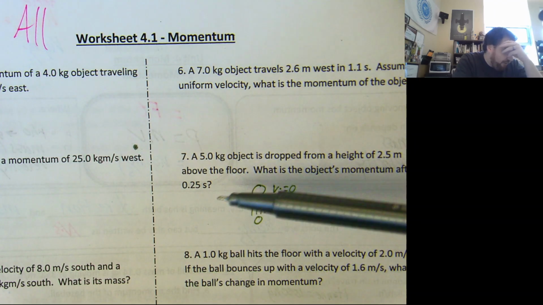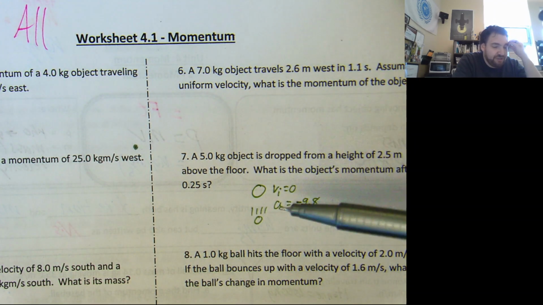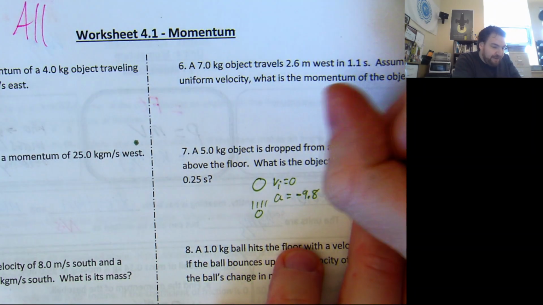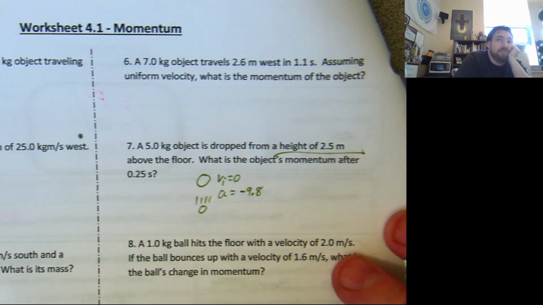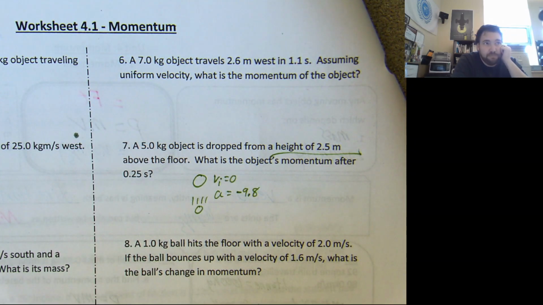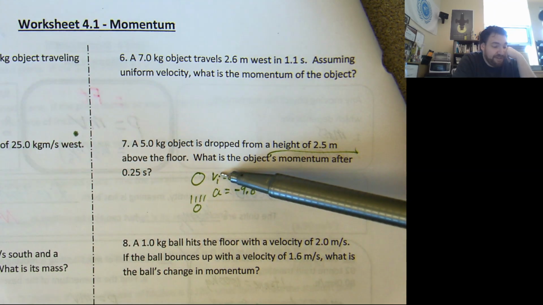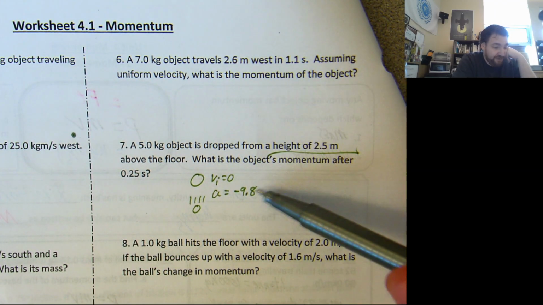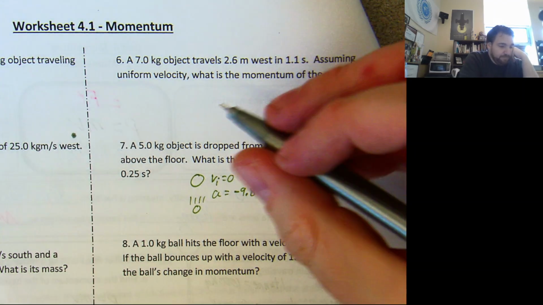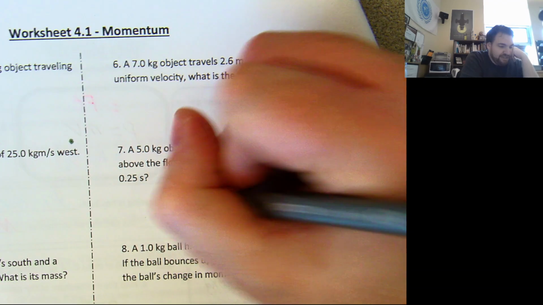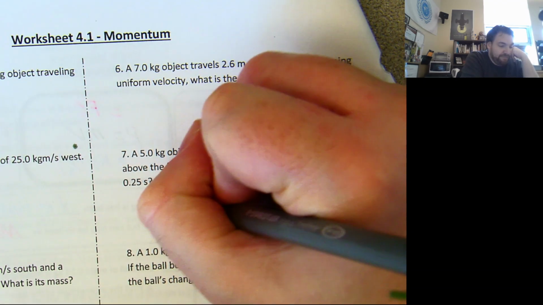Now, you don't know how far it's fallen after 0.25 seconds, so this piece of information here isn't super useful. What you do know, though, is that because it's dropped, the VI is 0, and it's falling due to gravity, so it's negative 9.8. Actually, let's make it positive 9.8 and call down positive.